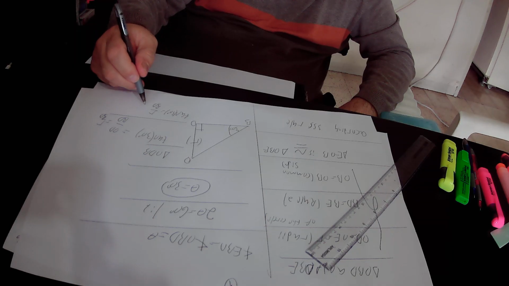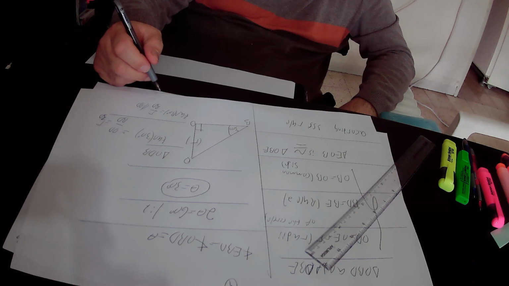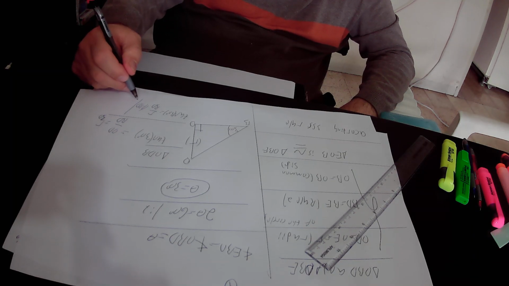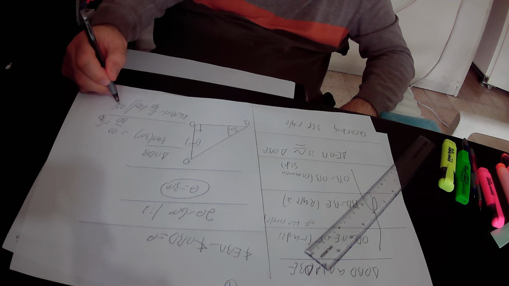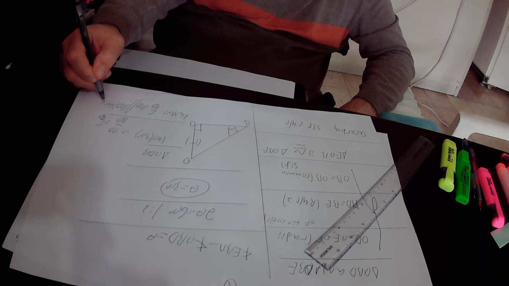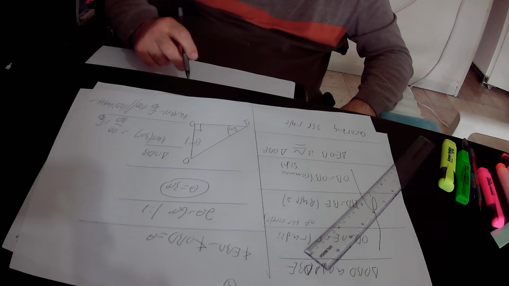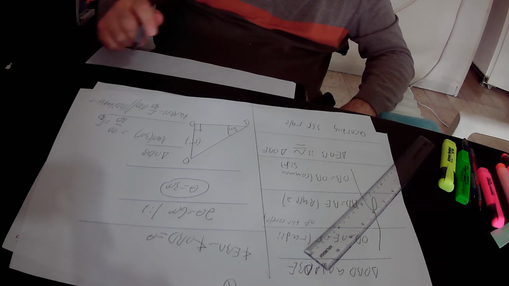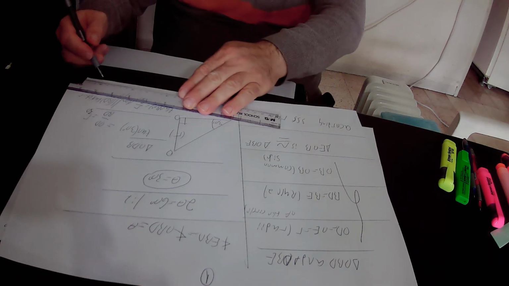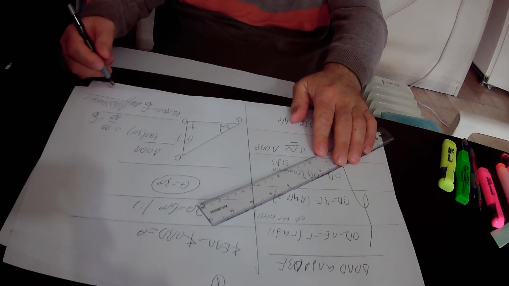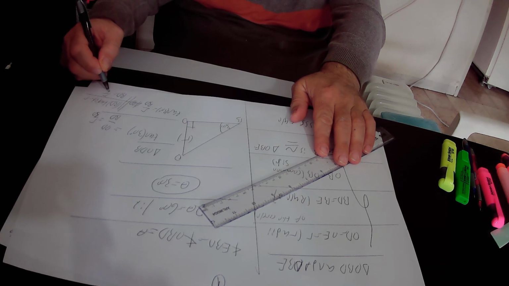Here we multiply this equation by BD and we get that BD times tangent 30 degrees equals R. We divide this equation by tangent 30 degrees and finally we get that BD equals R over tangent 30 degrees.